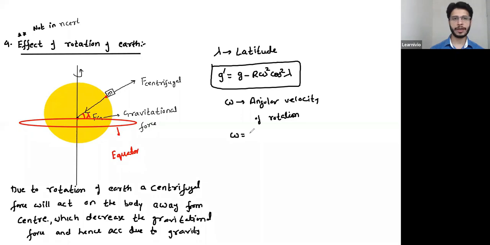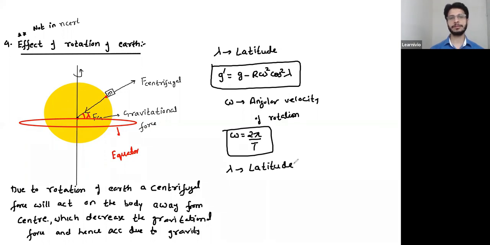You can write your omega as 2 pi by T. And here this lambda is the latitude.